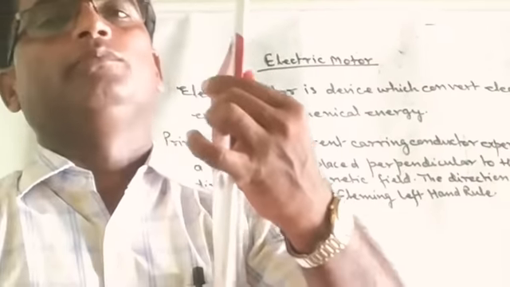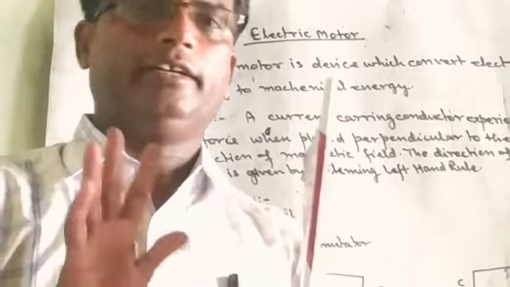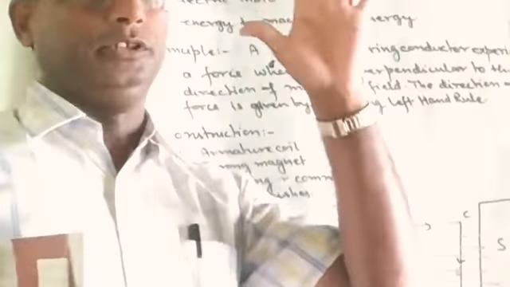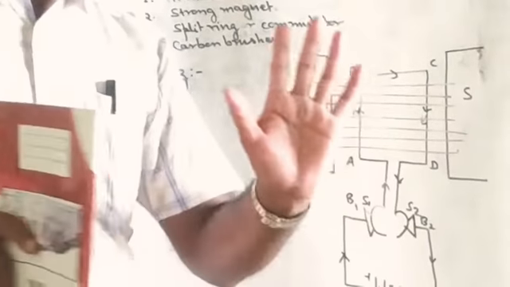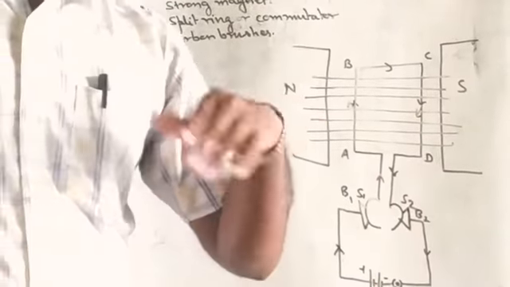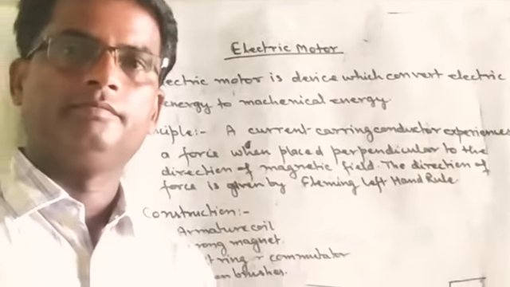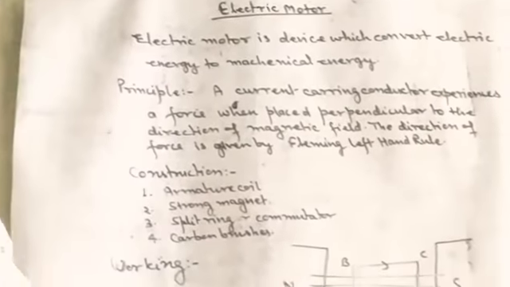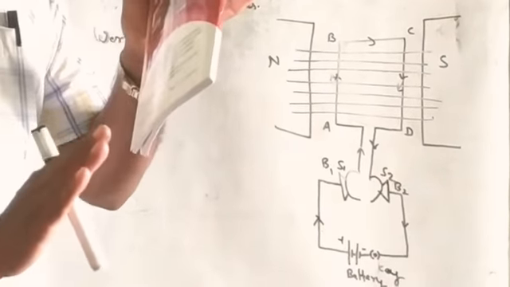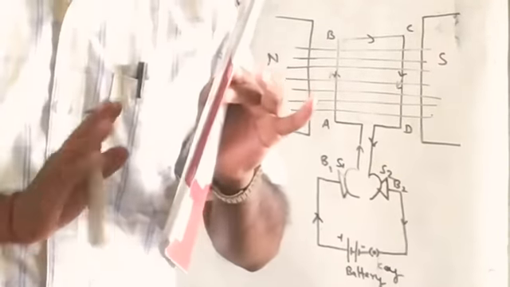At this position, when the armature coil rotates 90 degrees, the split rings S1 and S2 are not connected to the carbon brushes B1 and B2.